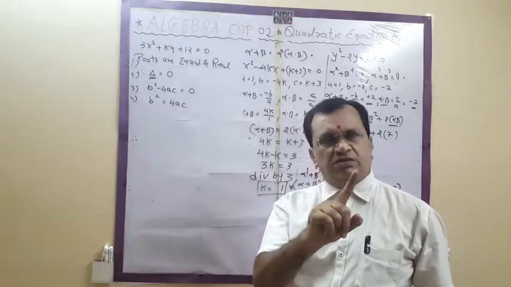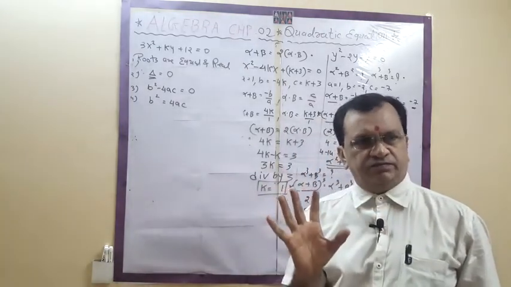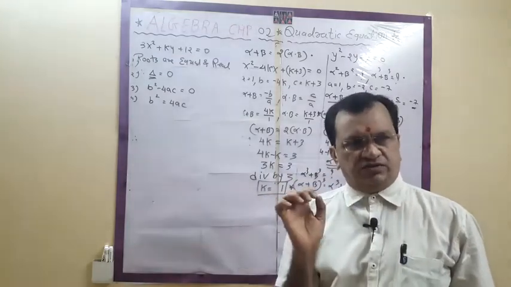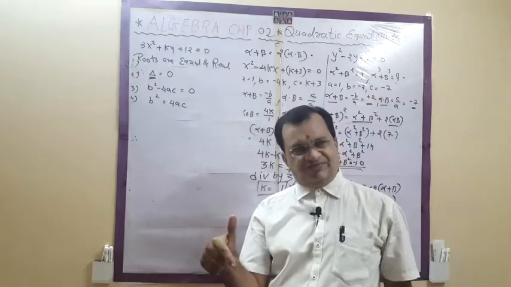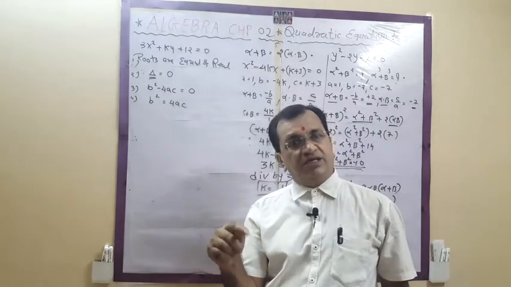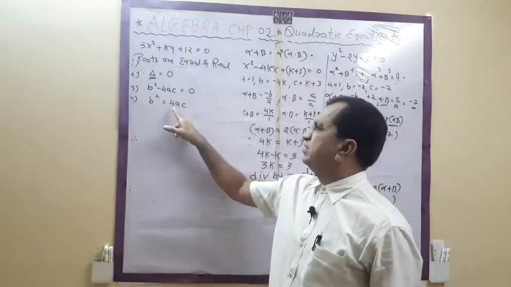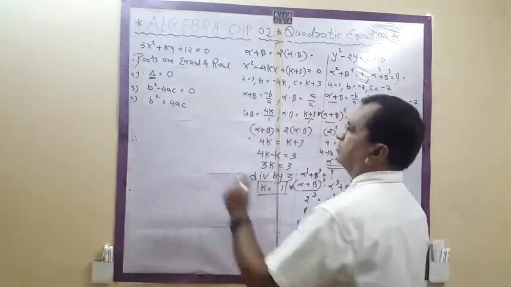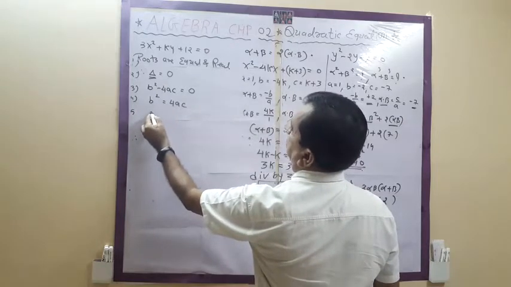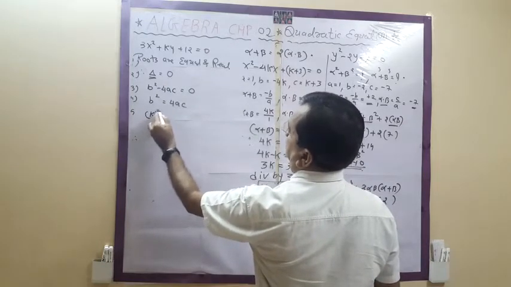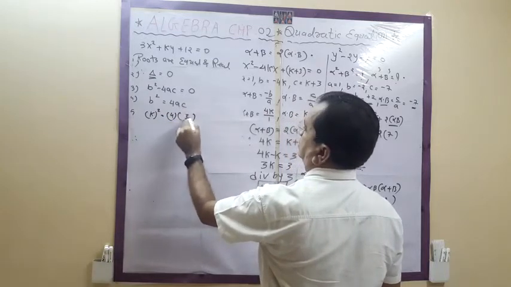4 steps. First point: real and equal. Therefore delta is equal to 0. Therefore b square minus 4ac is equal to 0, because what is the formula? B square minus 4ac is equal to 0. So b square is equal to 4ac. Now substitute. What is b? K. What is a? 3.